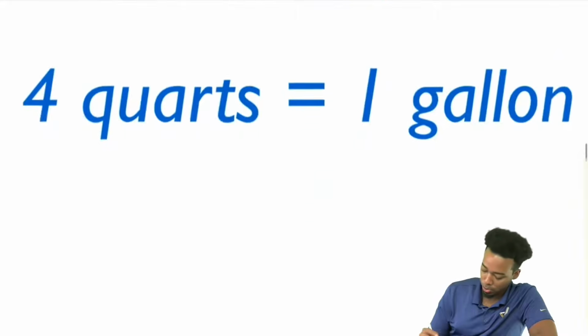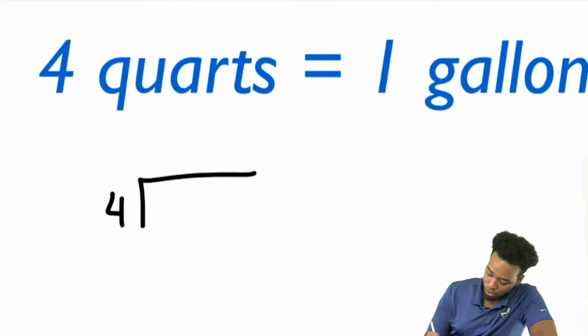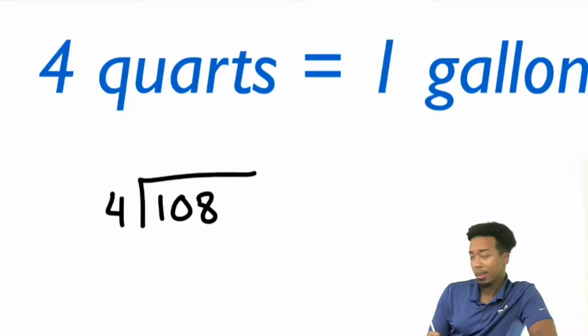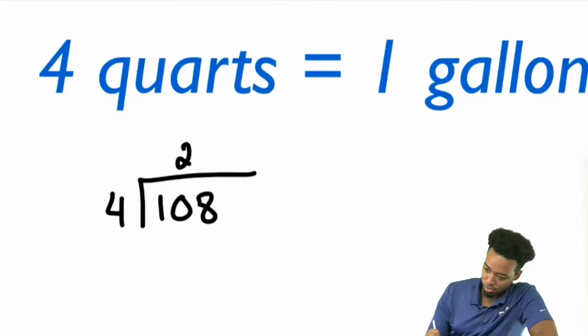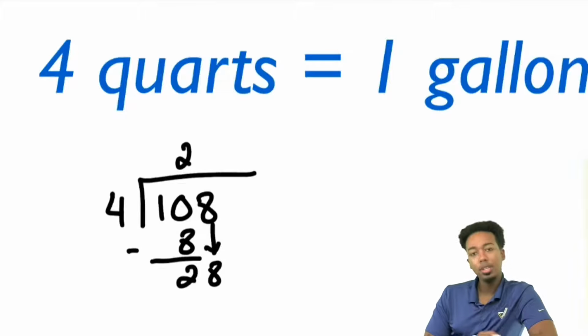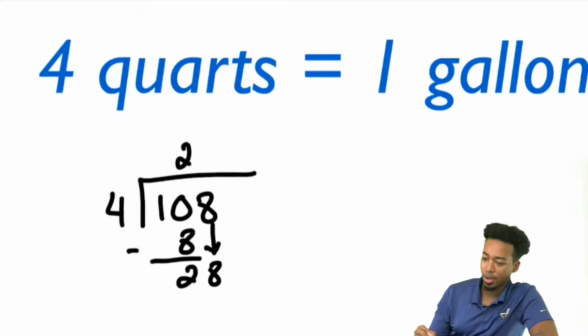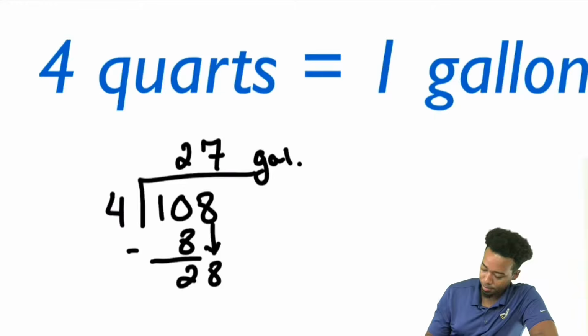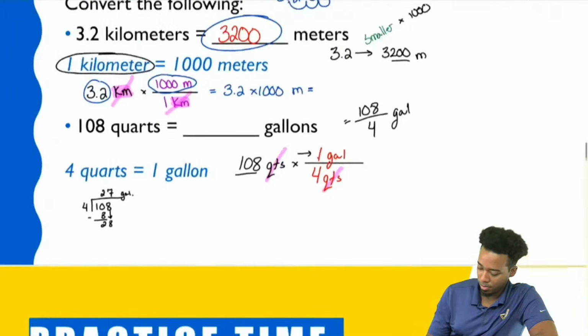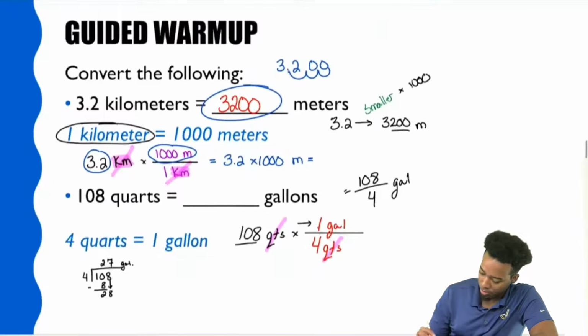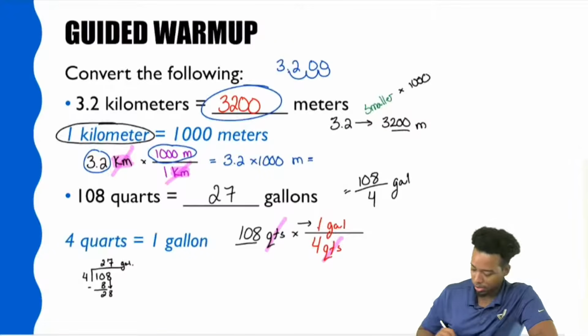And that's exactly what I'll do over here. 4 going into 108. 4 goes into 1, 0 times. 4 goes into 10, 2 times. Then we subtract the 8. Got the 2 left over with the 8. 4 goes into 28. That'll be 7 times right there. And so that's 27 gallons.